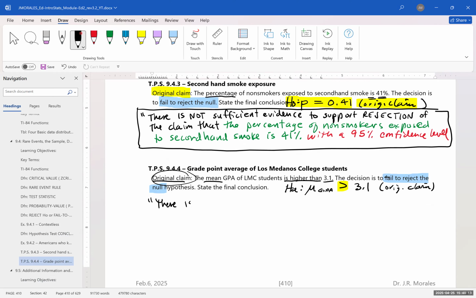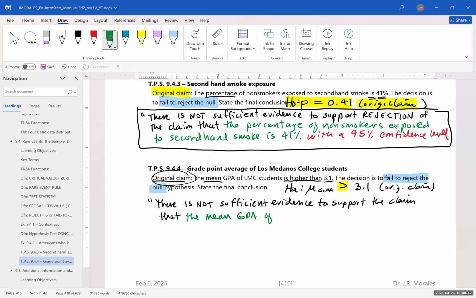So there is not sufficient evidence to support the claim that, okay, now we want to put our claim, the mean grade point average of LMC students is higher than 3.1.